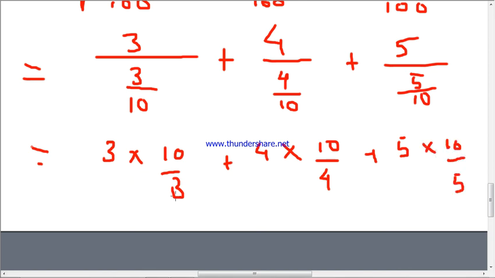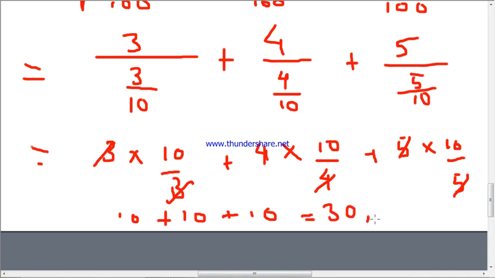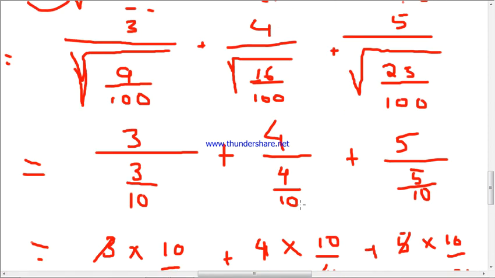Now if you notice over here, this 3 can be cancelled, this 4 can be cancelled, and this 5 can also be cancelled. So you are left with 10 plus 10 plus 10, which will give you 30. This is your answer.